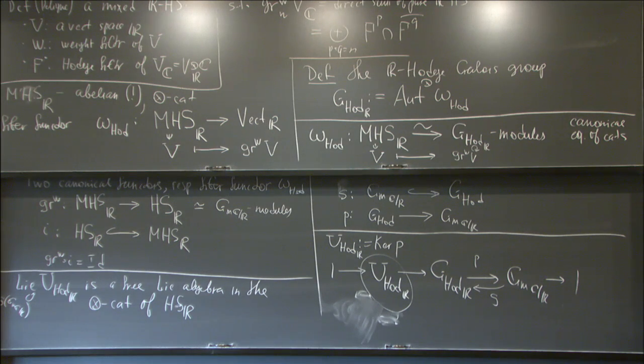Where do the inequalities on P and Q come from? You have to calculate Ext^1 between real Hodge structures, and first of all, you have to say what H_PQ is. This is a two-dimensional vector space with a mixed Hodge structure. Then you have to calculate Ext^1 between R(0) and H_PQ. As a result of the calculation, you will see that the Ext groups will be 0 unless the weights are minus P, minus Q, minus Q, minus P, where P and Q are bigger or equal to 0.